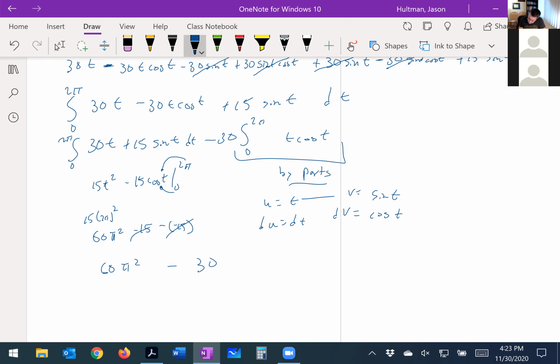So uv minus the integral of v du. This is t sine t, minus the integral from 0 to 2 pi of sine t dt.